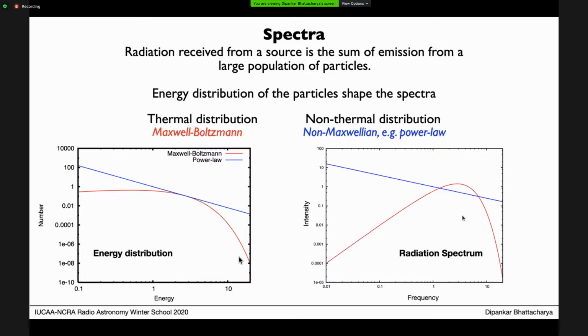However, there are situations encountered fairly often in cosmic sources where the energy distribution of the particles involved is not exactly Maxwell-Boltzmann. So there are departures from the Maxwell-Boltzmann distribution.